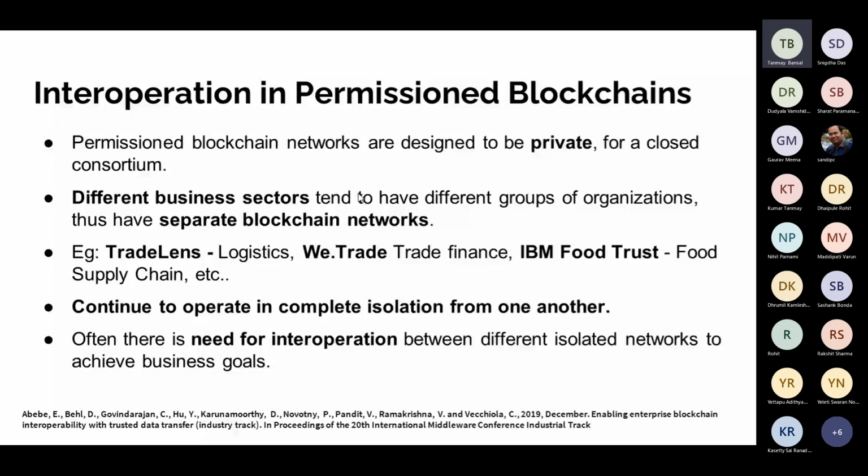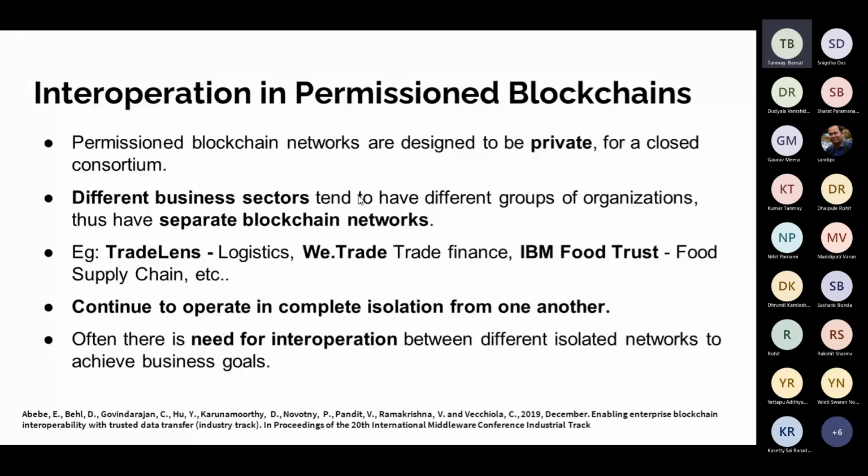So there are different types of blockchain networks, like TradeLens, which is a logistics network that talks about shipping and transfer of goods by road or by sea and so on. Then we have a trade finance network, one of which is we.trade.